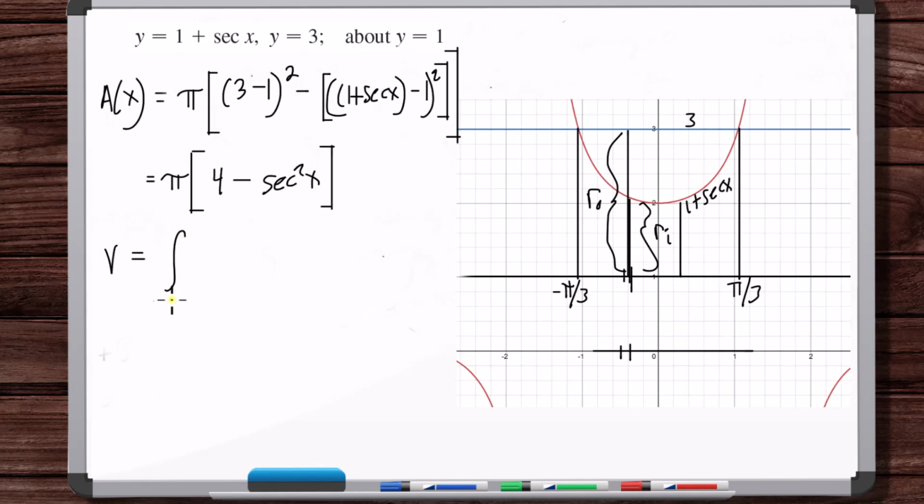So we're going from minus pi over 3 to pi over 3. We can bring the pi out front: 4 minus secant squared x dx.